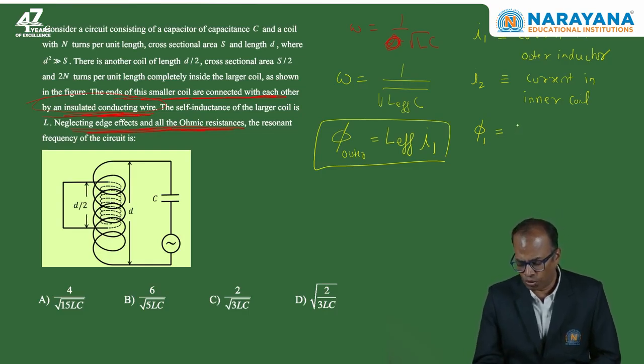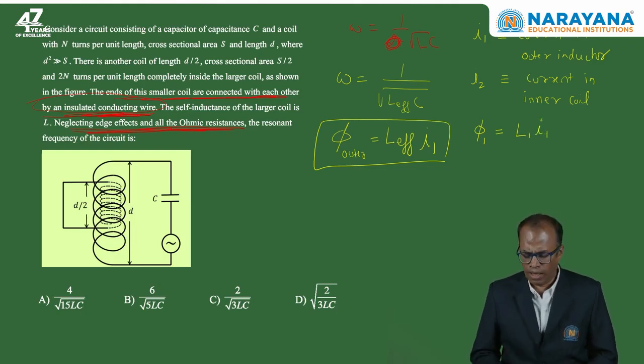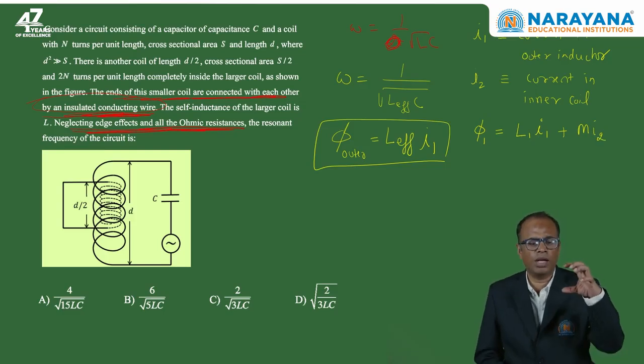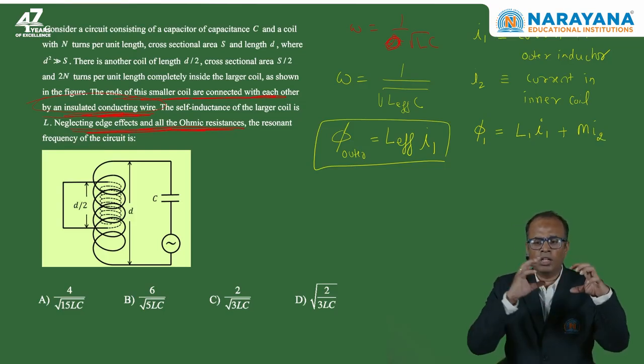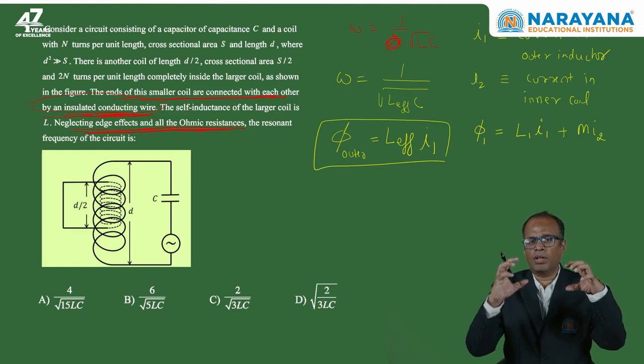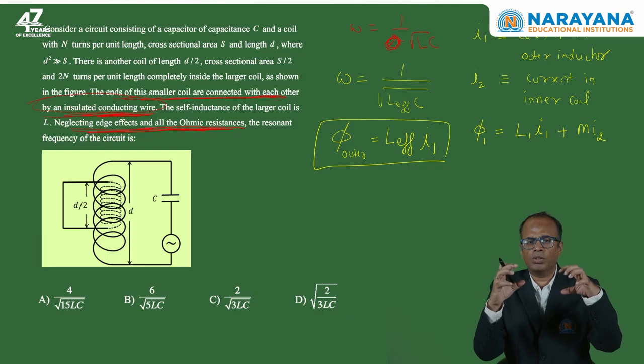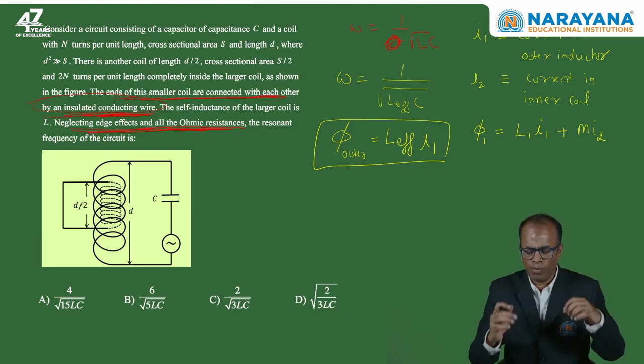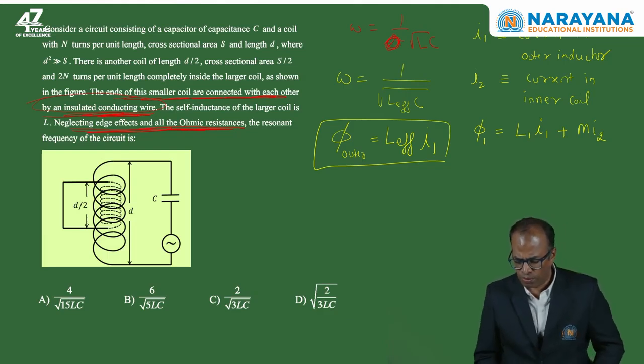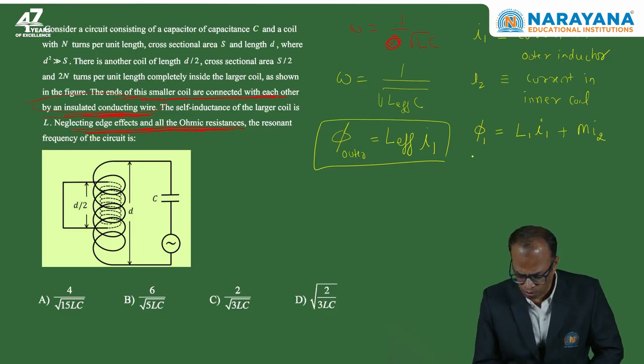So the flux due to own current or self current will be L1 times I1, and due to the current, let us say I2 in the inner coil, there must be a flux which is M times I2. That is the idea. If one coil has a current I, then in the neighborhood if I place another coil, the flux in this coil will be dependent on this current, and the proportionality constant is the coefficient of mutual inductance M. So phi 1 will be L1 times I1 plus M times I2.